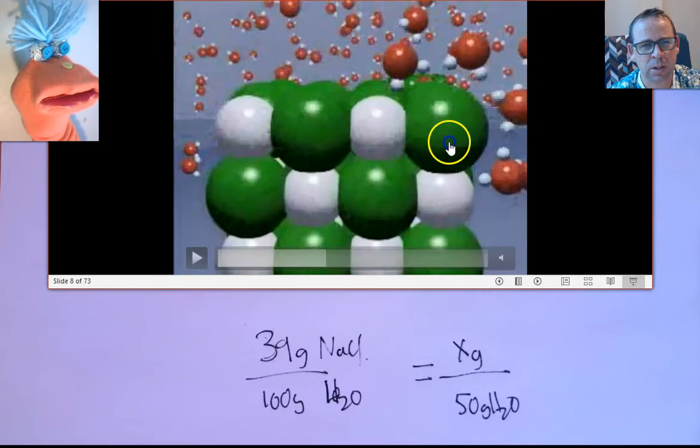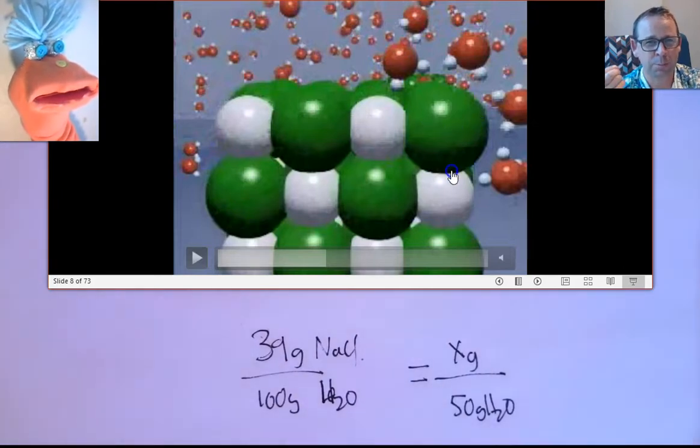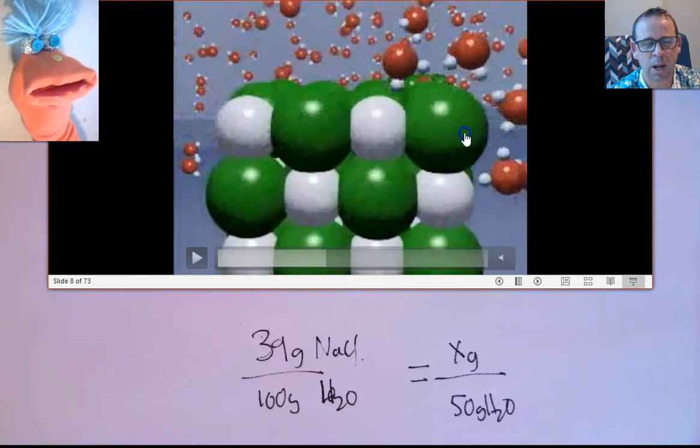So for example, this green sphere here is a chloride ion, and its neighbors are positively charged sodium ions, and there would be one in front and one in back and one on the right generally, right? So 6 neighbors. These sodium ions are providing a little bit of positive electron density and pulling extra negative electron density away from the chloride ion, right?